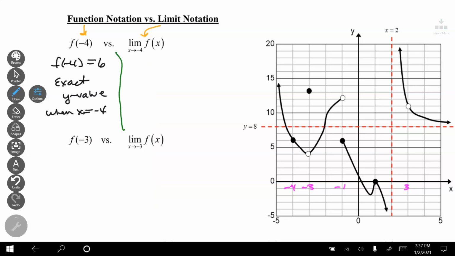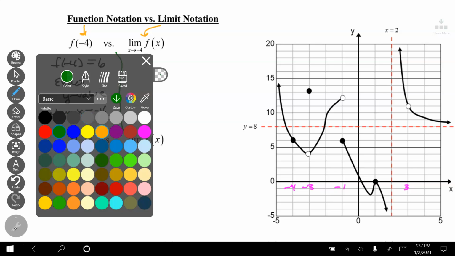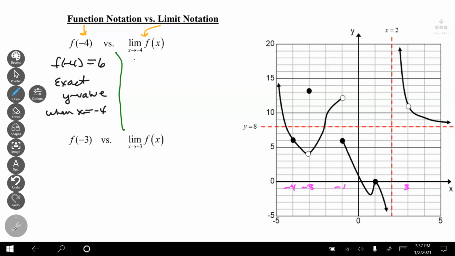As opposed to my limits. Now the limit for this one isn't going to be too different just because of the way the graph is drawn. But the idea of the limit as x approaches negative 4 of my function, and the function is all the stuff that's graphed here, is also equal to 6.